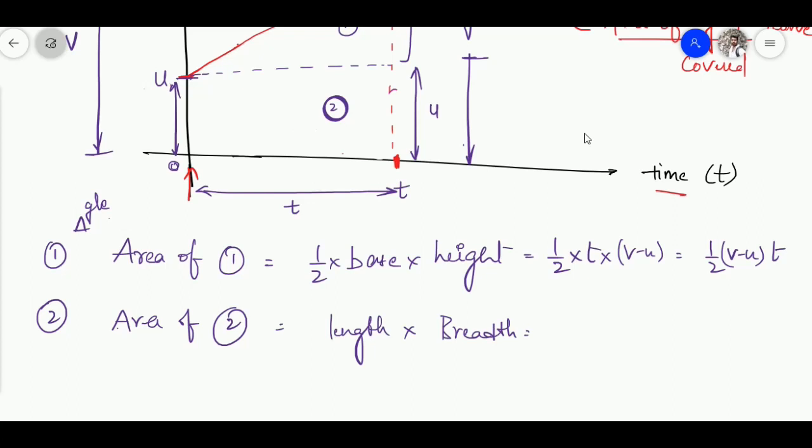The length is t over here, and this is the breadth, which is u. So simply ut.